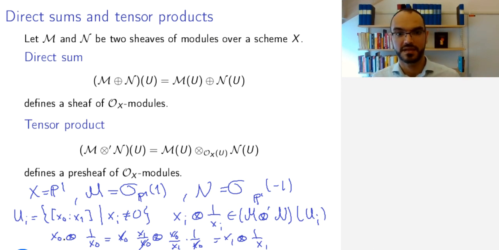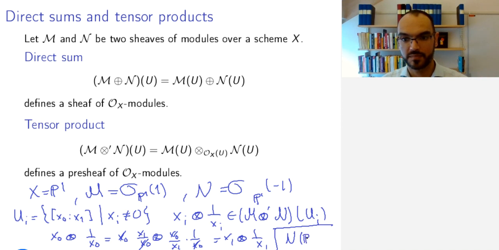So this is the case on the overlap. But if this were a sheaf, then there should be one such non-zero element in the global section, so globally. But globally, N of P1 is trivial. This is a property one can show, namely because there is no globally defined function with a denominator that is not constant, right?